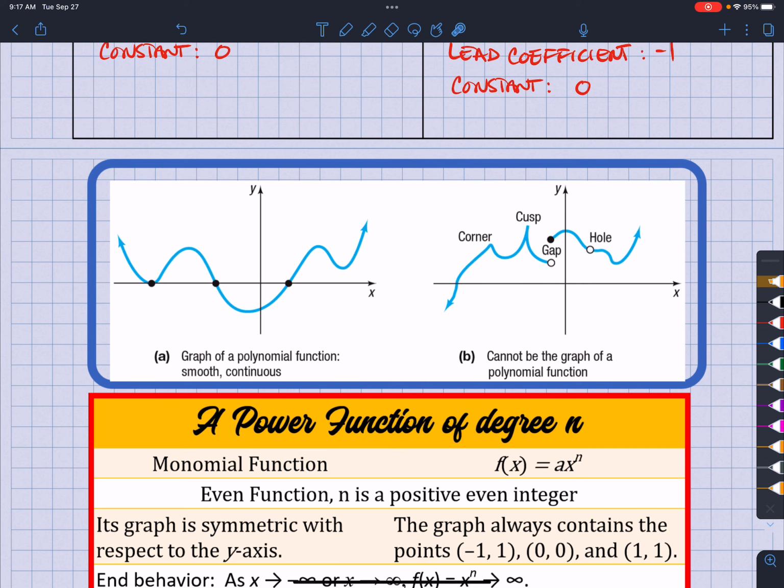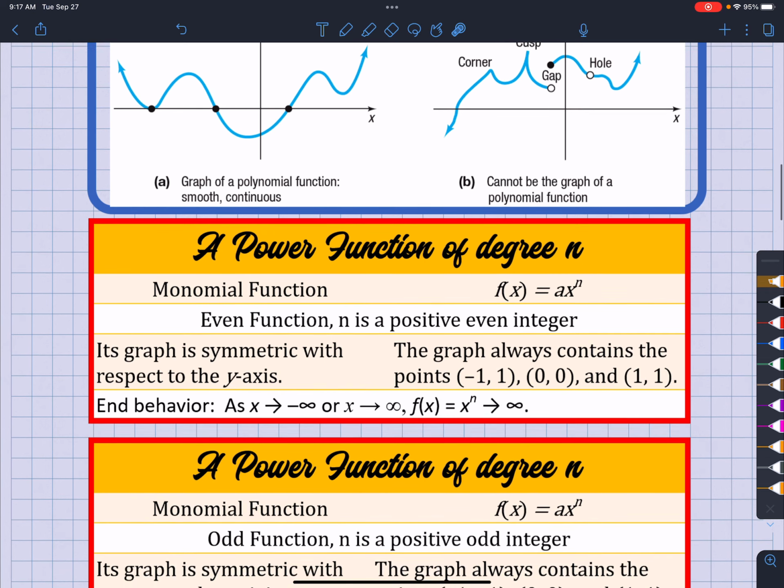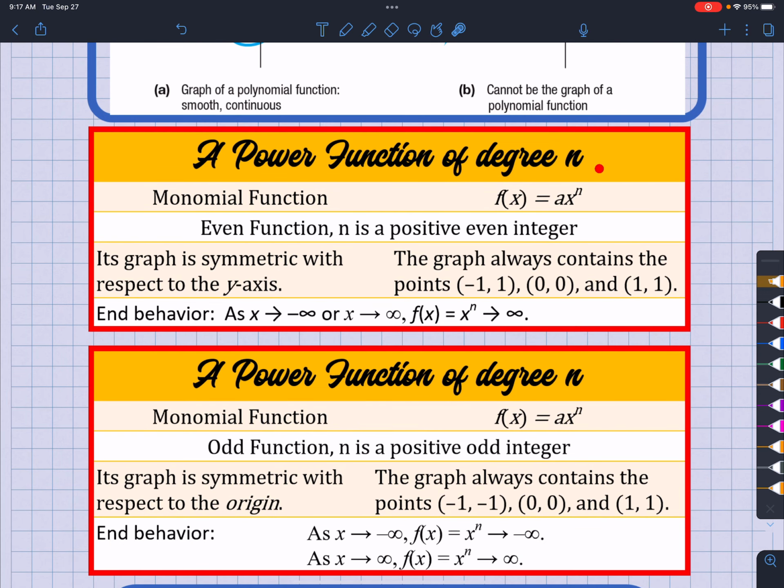And what you're going to start to learn, well, we'll keep on going. So if the power of the polynomial function is even and is a positive even integer, okay, then what you will see is that you're going to have end behaviors that are going to look something like this.